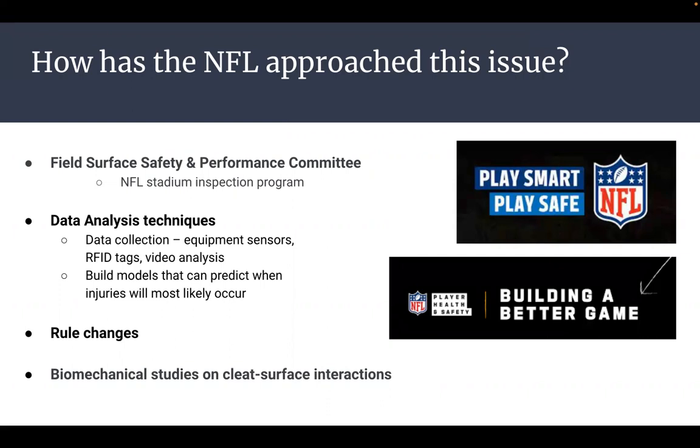These techniques allow us to better understand when, where, and how player injuries are occurring. Then we can use this data to better understand injuries, build models that can predict when they'll most likely occur, which will then help us avoid them in the future. They've also used these results to enforce rule changes that can help avoid risky behavior, which can lead to injuries.